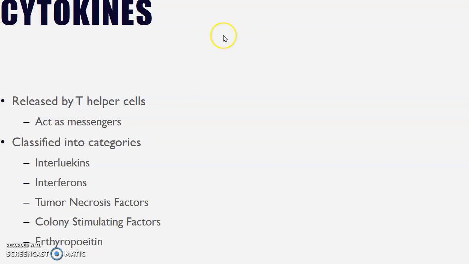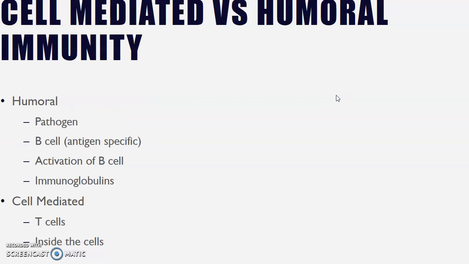So when we look at cell-mediated versus humoral, we get the pathogen, it enters the body, it'll encounter a B cell that is specific for the antigen located on the bacterial cell wall. The monocytes and macrophages will come and try and eat it.